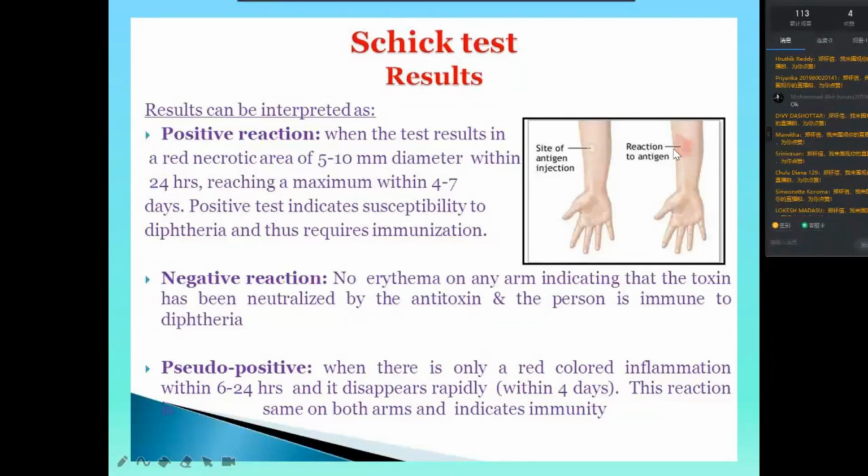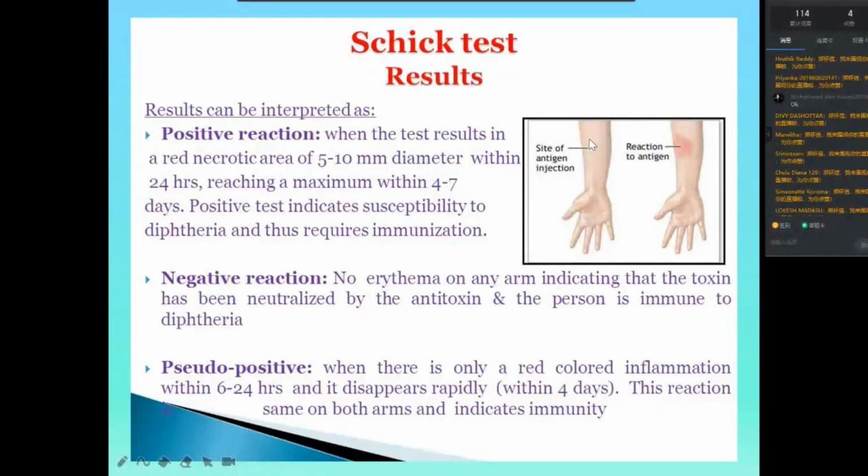If it's a positive reaction, like this, a reaction to the antigen, that means this person does not contain antibody to neutralize the toxin, to neutralize the antigen. So this person is not immunized, is not protected. So he or she requires immunization.